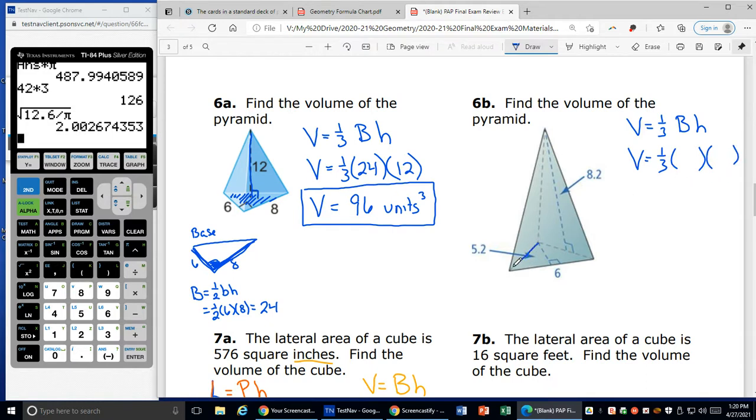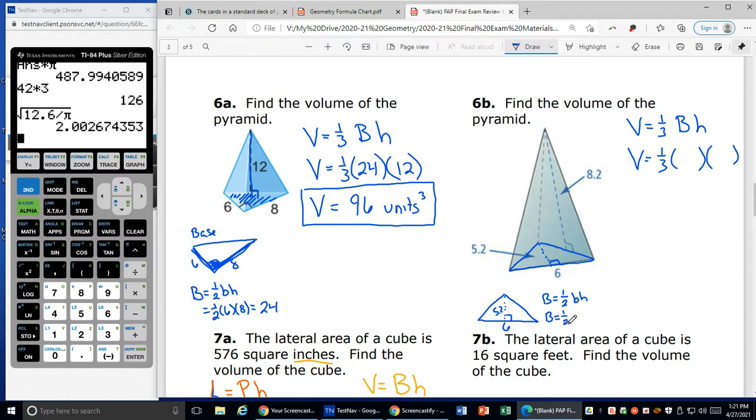My base is a triangle. It's not a right triangle this time. I can see I've got 6 along the bottom of this triangle, and then they gave me the height as 5.2. So that was helpful because I can find the area of my base that way, because the area of a triangle is 1/2 its base times its height.